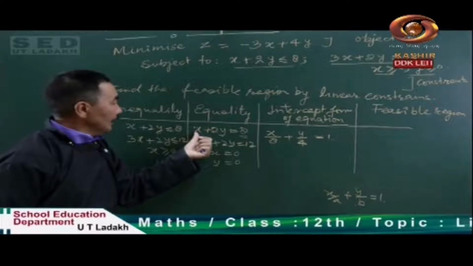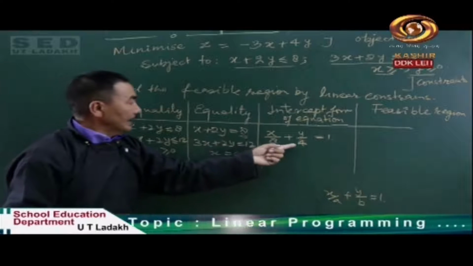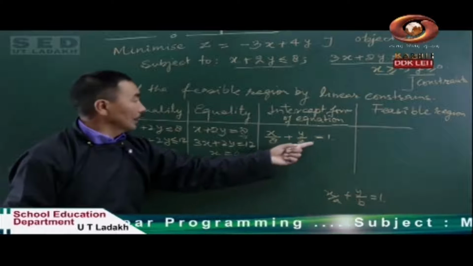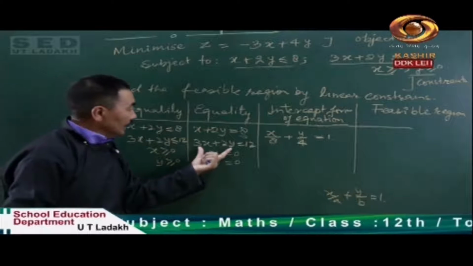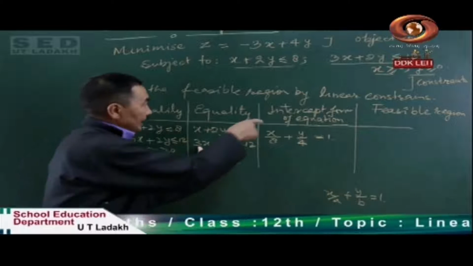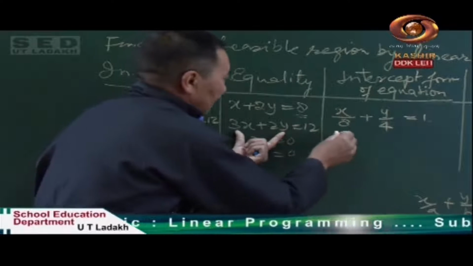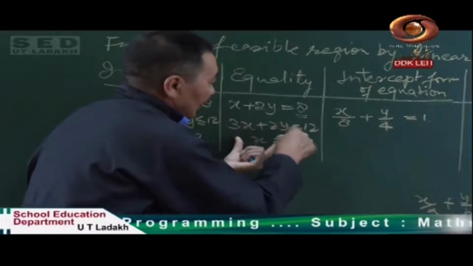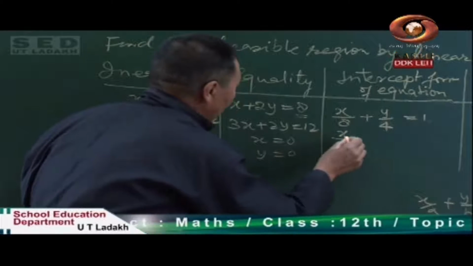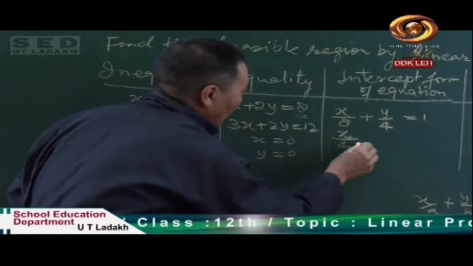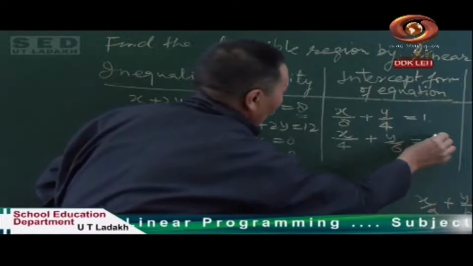If we divide, x divided by 8 plus 2y divided by 8 becomes y by 4, equal to 8 by 8 equal to 1. Similarly, for 3x plus 2y equal to 12, if we divide this equation by 12 on both sides, then we get the intercept form x by 4 plus y by 6 equal to 1.